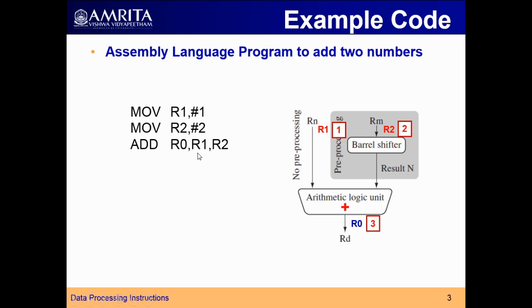R0 will be the destination, R1 the first operand, R2 the second operand. So the content of R1, that is 1, and the content of R2, that is 2, will be added together. Result 3 will be taken to R0. So these are the 3 instructions required for adding two numbers.